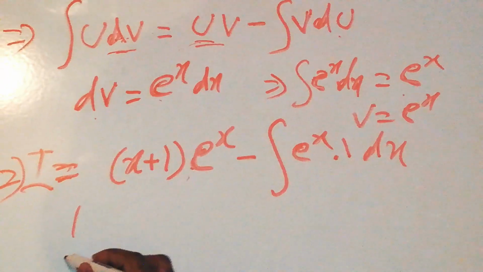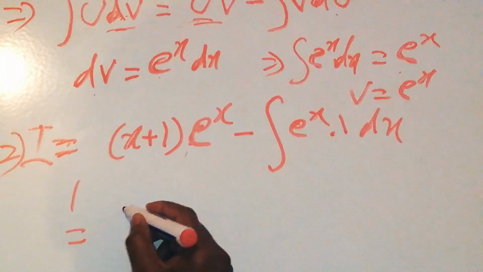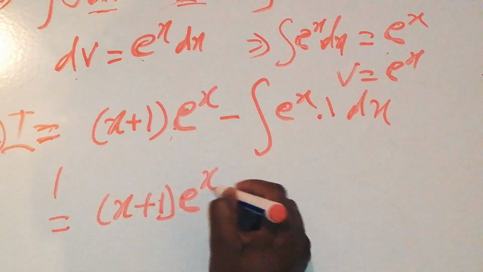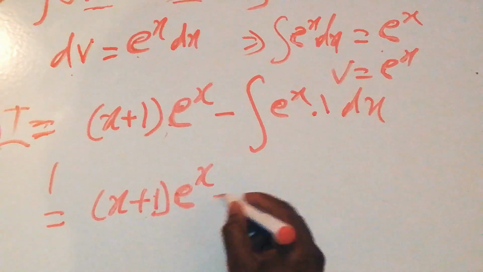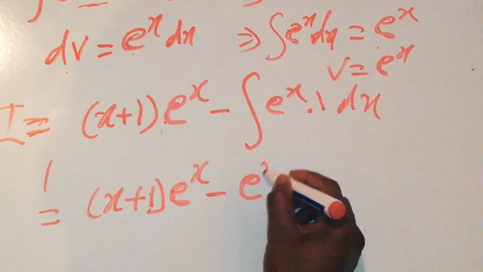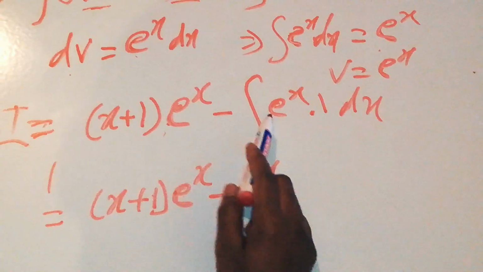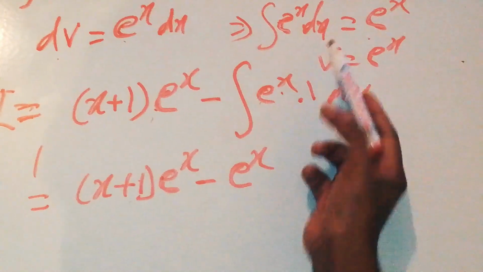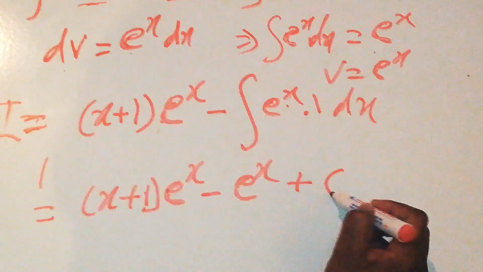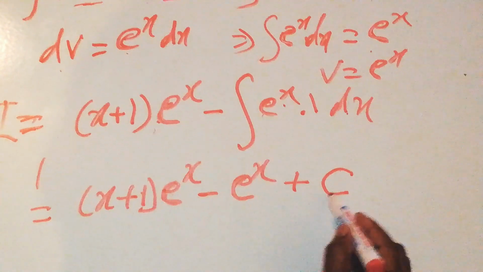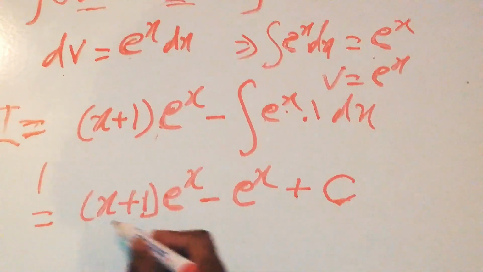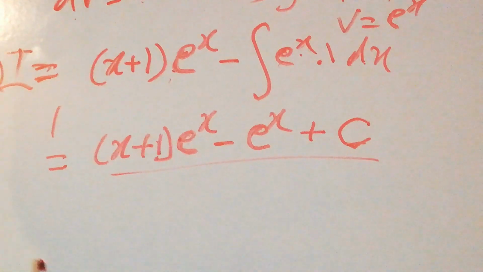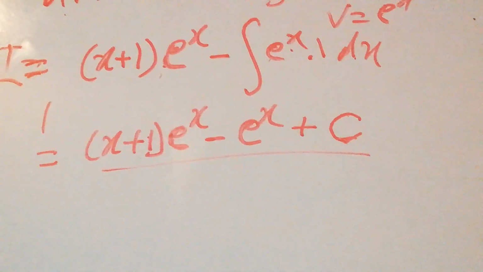Okay, then I'm getting x plus 1 multiplied by e^x minus now e^x, because the integration of e^x dx is equal to e^x, we saw it today, thus plus c, a constant factor, right?